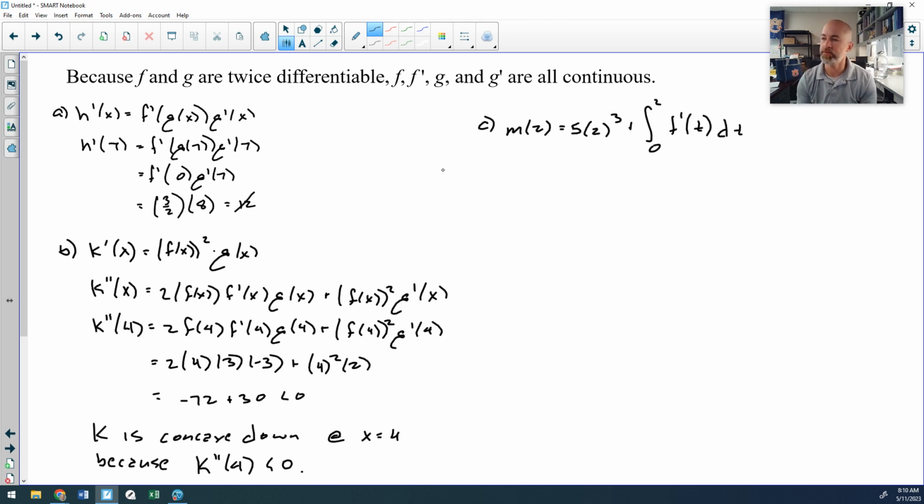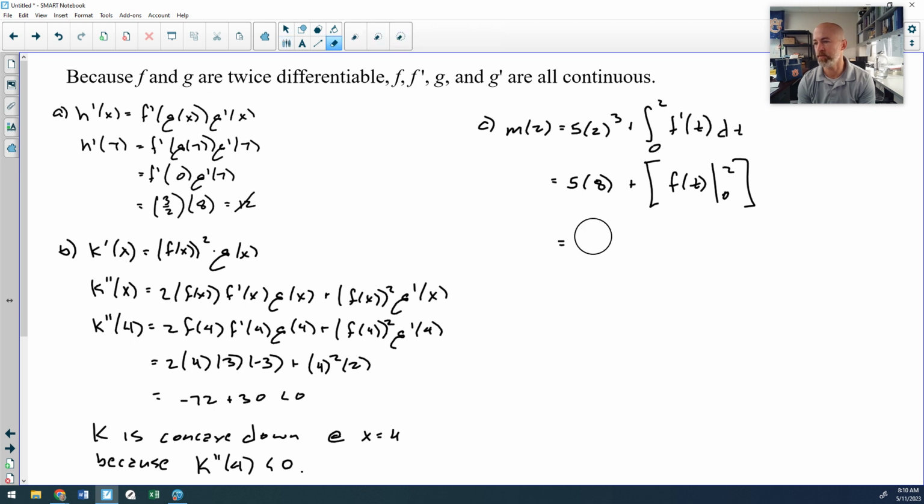So M of 2, I'm just going to plug in 2 for my x's. Now I have to stop and analyze that, figure out how I'm going to evaluate this thing. Well, 5 times 2 cubed is 5 times 8. And then for the antiderivative, we're evaluating an antiderivative. That means I need to find the antiderivative. The antiderivative of f prime is capital F, evaluated from 0 to 2. That's going to be 5 times 8 is 40.